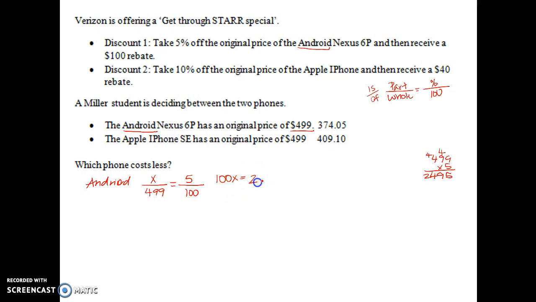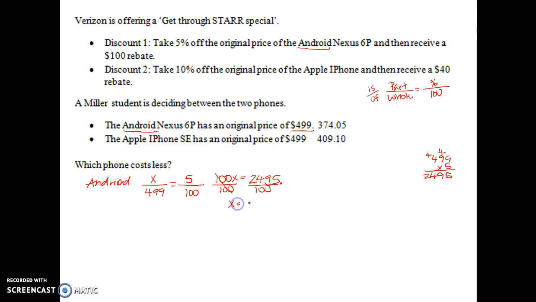So 2,495. And then we have to isolate our x, so we're going to divide both sides by 100. And when we divide by 100, we simply move our decimal place 2 places to the left.